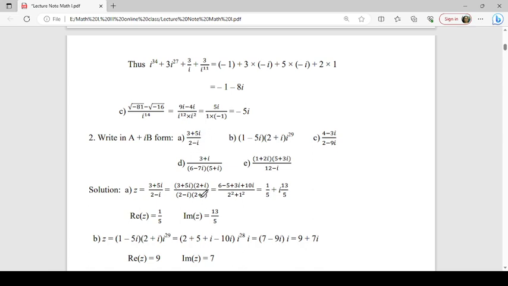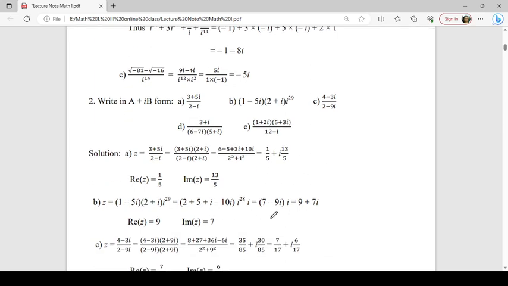In the form of a plus ib, we know this 2 minus i, if we multiply by its conjugate, we get a real number. So you multiply by the conjugate, 2 minus i, it is 2 plus i, then 3 plus 5i, you multiply by 2 plus i, and this is the simplification. So real part is 1 by 5 and imaginary part is 13 by 5.